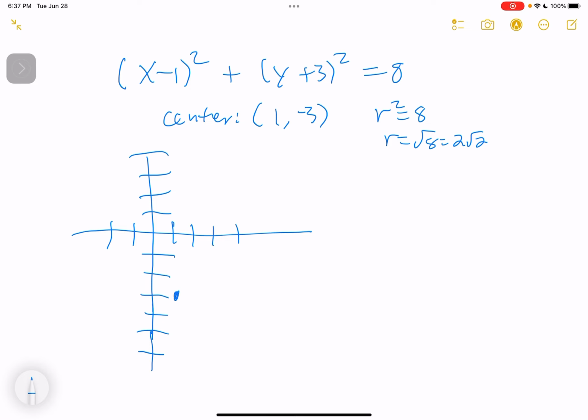So 1, 2, so just shy of that. And then it looks something like this. Okay, that was 45. Next, go on to 49.